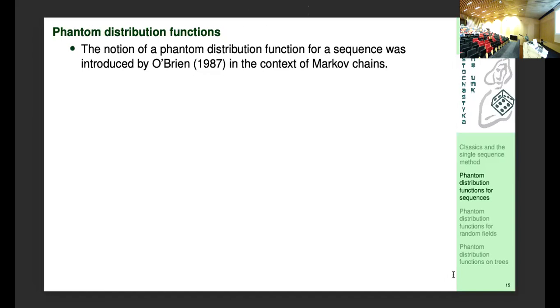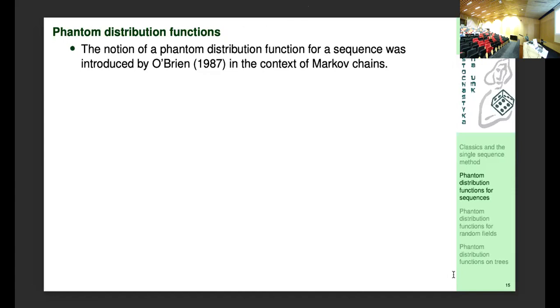Now we can go to the notion of phantom distribution function. So far, it was some analysis of the classical independent case. This notion of a phantom distribution function, it's only for maxima, but we use this terminology, was introduced by O'Brien in '87.